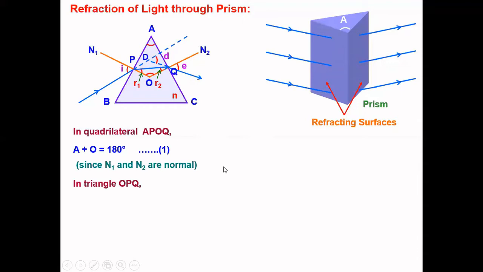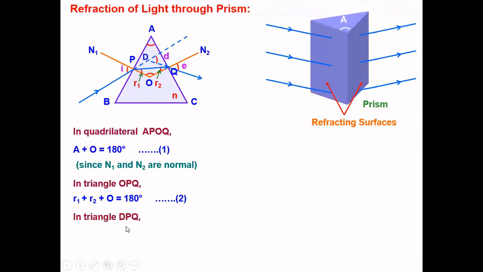Next, in triangle OPQ, the sum of angles in a triangle is equal to 180 degrees. So angle O plus R1 plus R2 is equal to 180 degrees. Now, I can use this further.